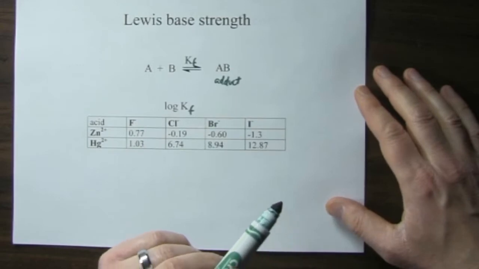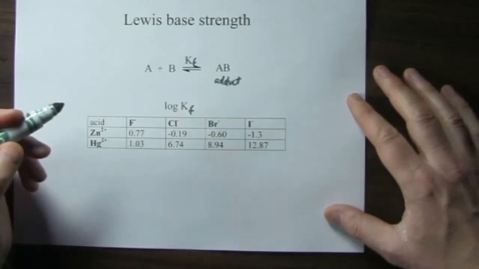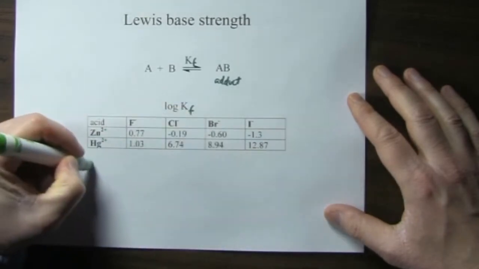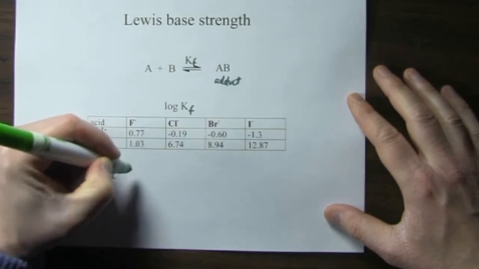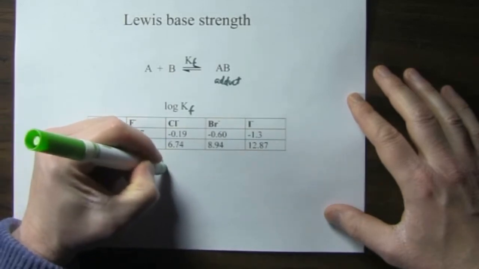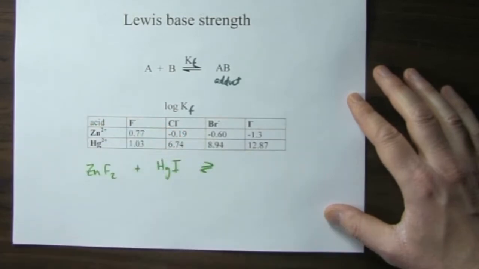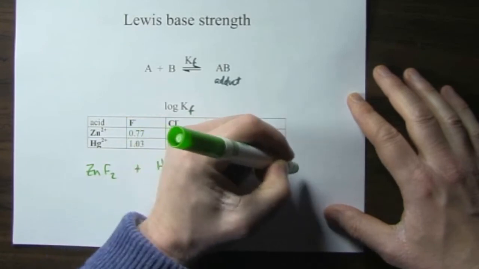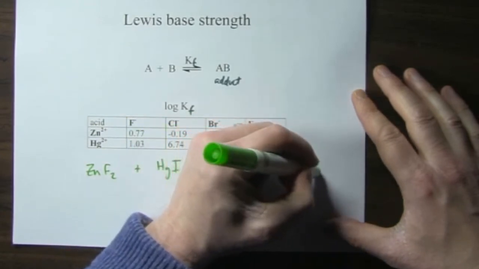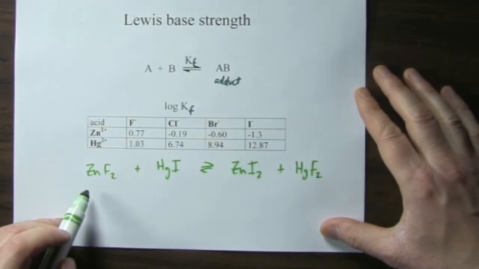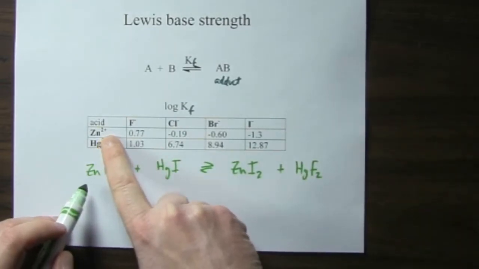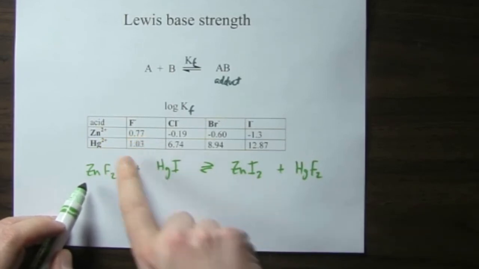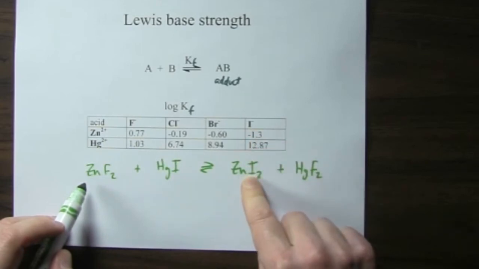It becomes less reactive. So then, say we have two adducts from these series of chemicals, zinc fluoride and mercury iodide, and we want to know, is this going to do a double displacement? Are we going to make zinc iodide and mercury fluoride? So we know forming zinc fluoride is okay, but forming zinc iodide is weak.